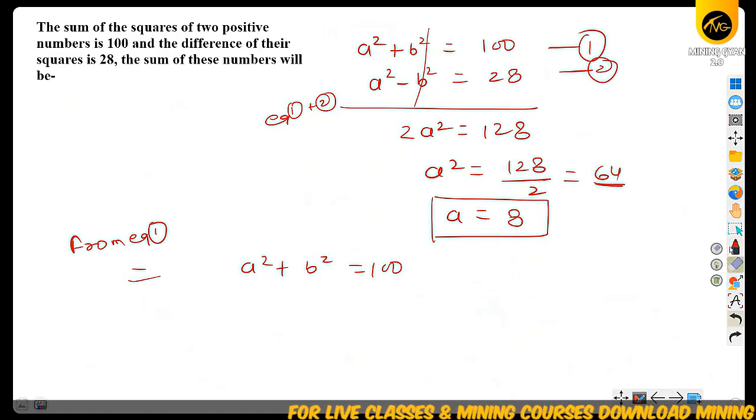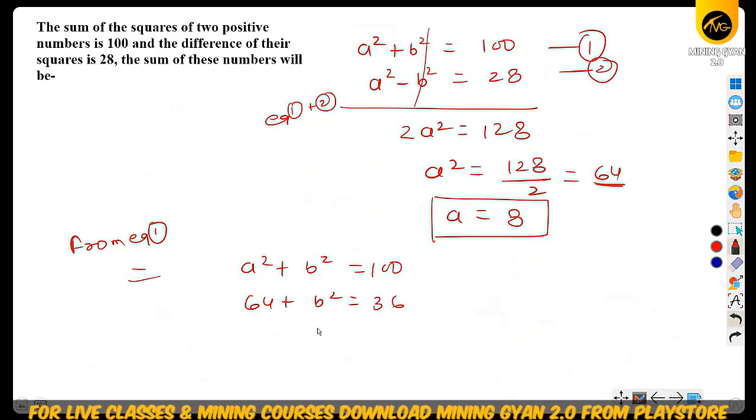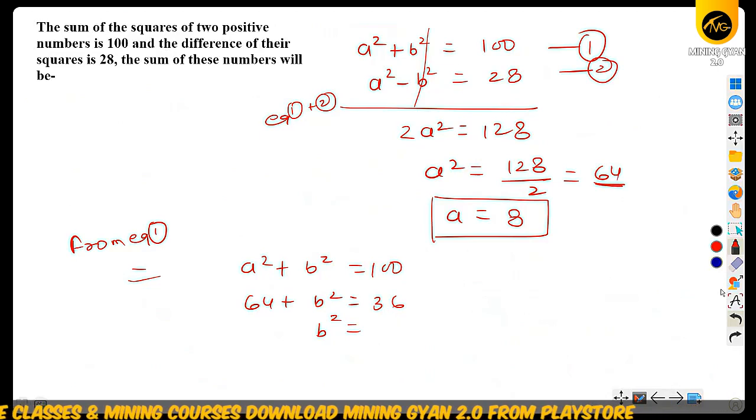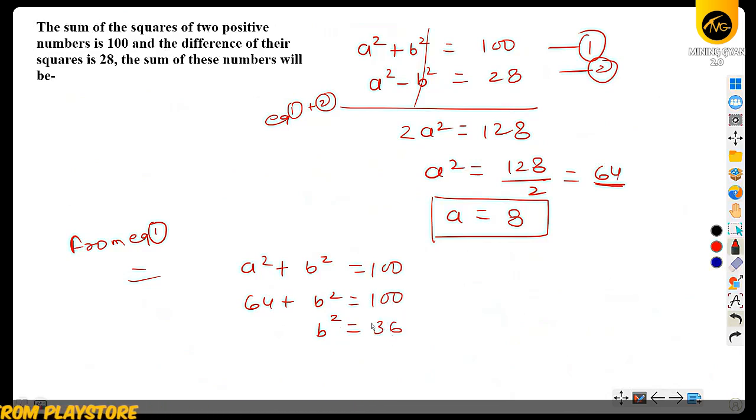So directly put the value of a square as 64, plus b square is equal to 100. Now b square is equal to 100 minus 64, which is 36. So b is equal to 6.